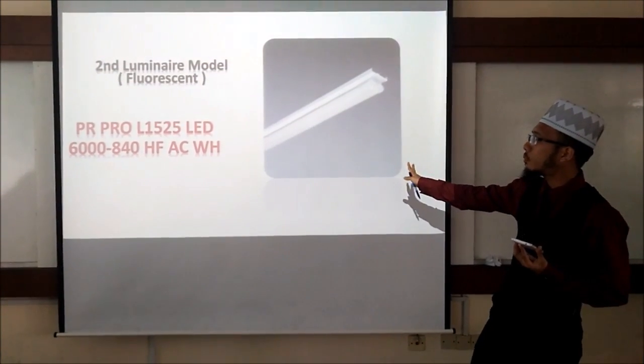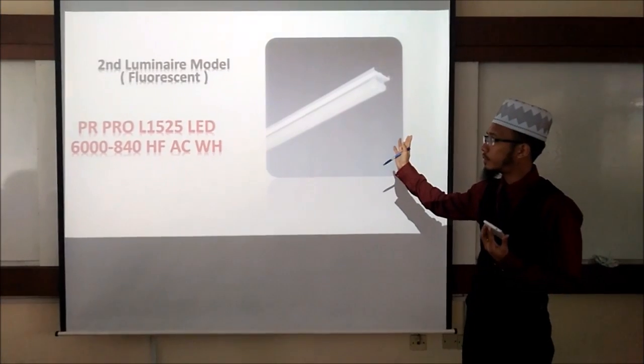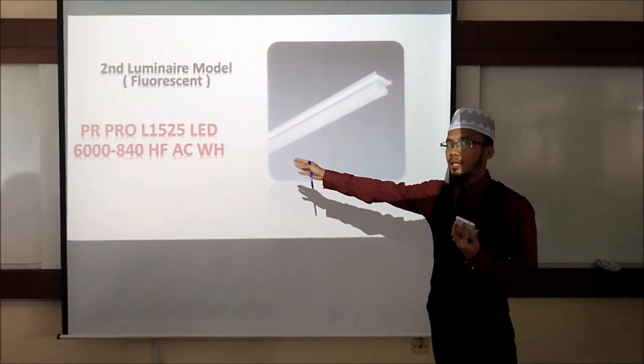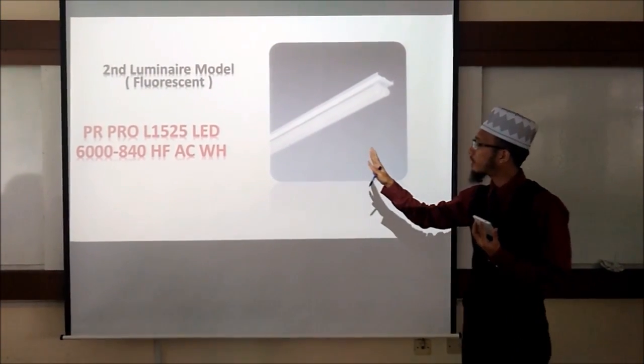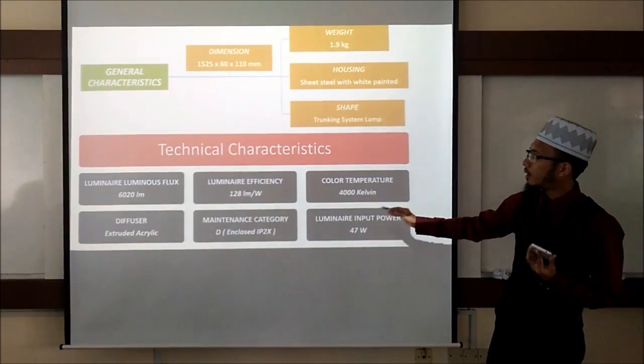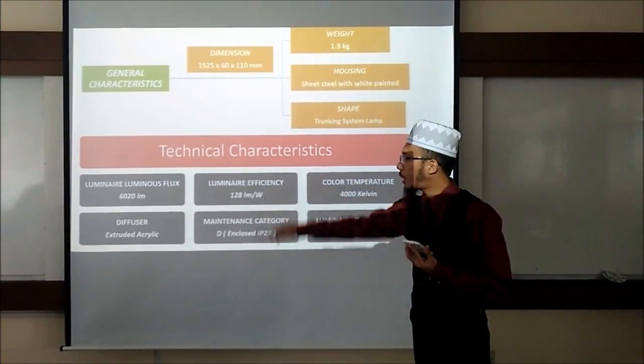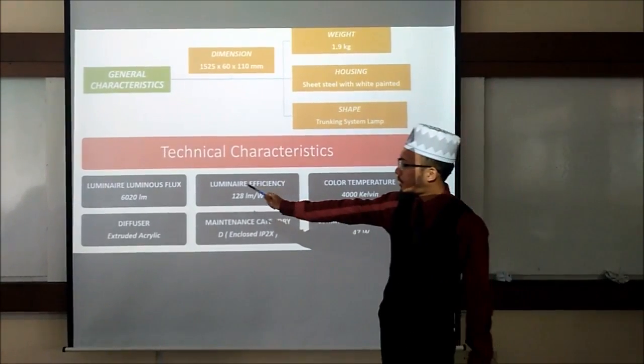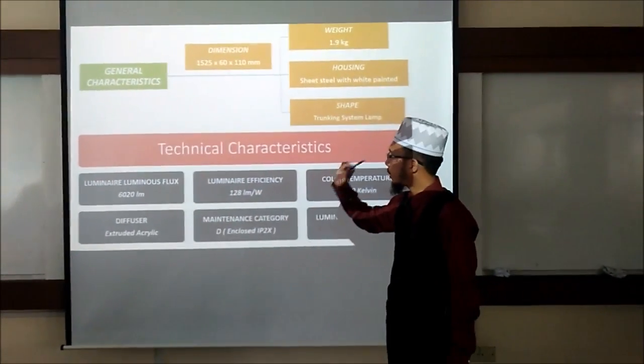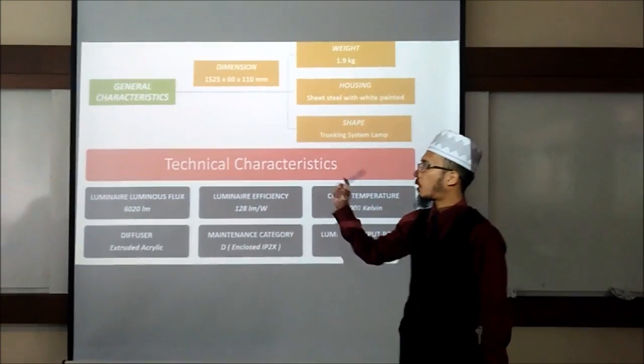Okay, this is our second luminaire model, which is the fluorescent type. Its model name is quite long. Next. For its technical characteristics, its luminous flux is 6020 lumens, which is higher than our bulbs.